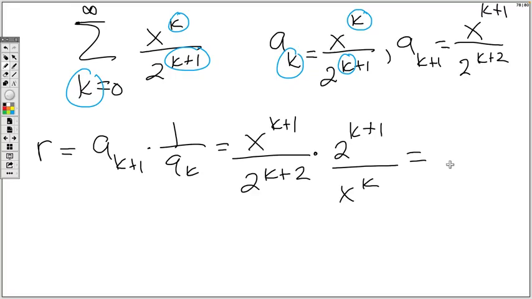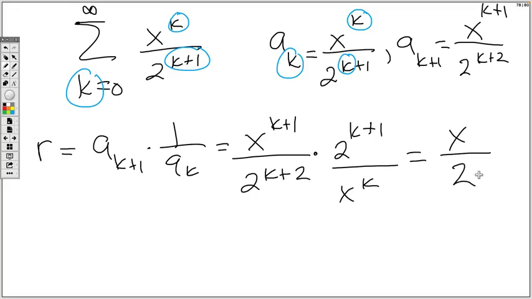And once again, just like we're not worried about 0 to the 0, we're not worried about 0 over 0 either. Okay, folks? What's going to happen when I simplify this? How many factors of x do I have left after I do this calculation? And where is it? And how many factors of 2 do I have left over when I do this calculation? And where is it? Is everyone cool with that?